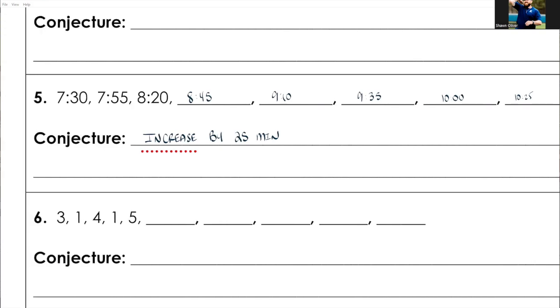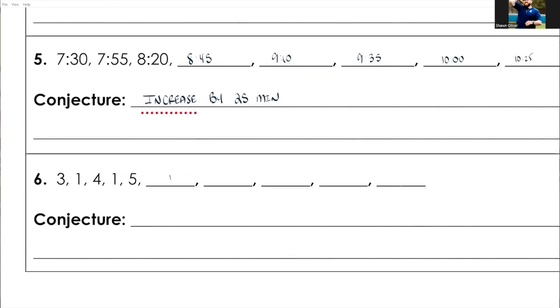3-1, 4-1, 5-1, 6-1, 7-1, 8-1. That doesn't seem like a real pattern. What if I said 3.14159?